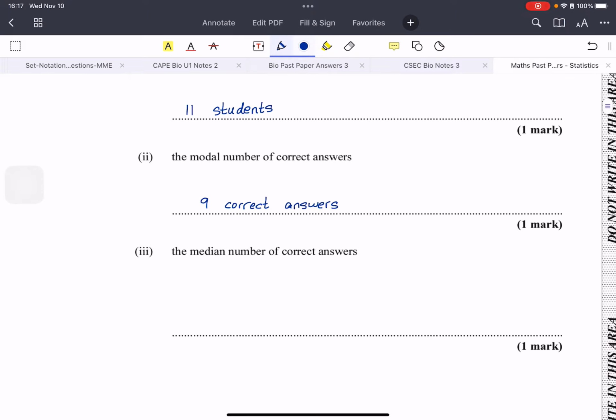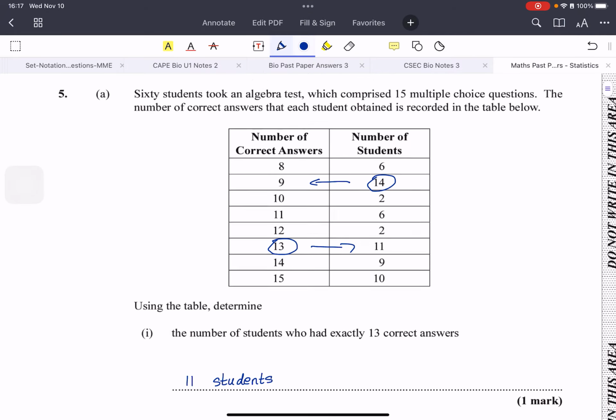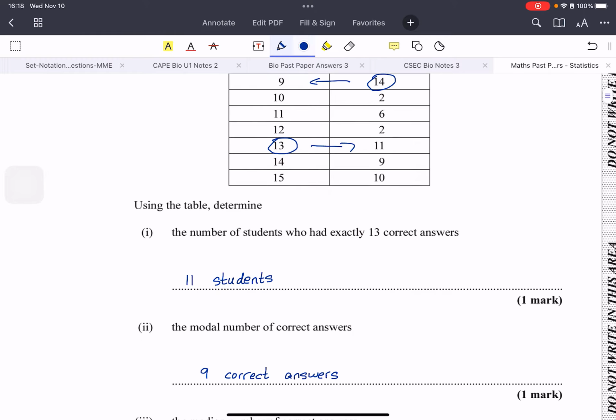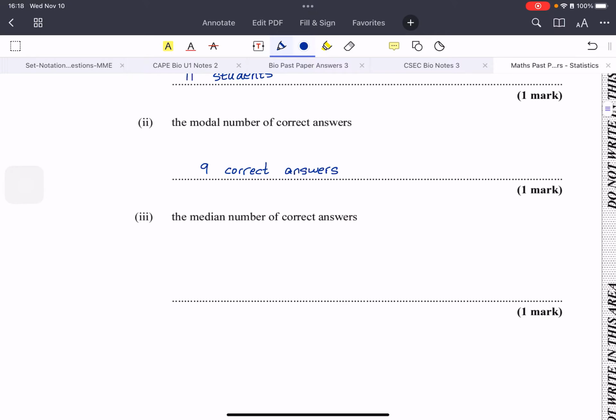Now they want to know the median number of correct answers, and this is the one that gives students the most amount of problems. Okay, so first of all, to find the median, we know we have 60 students. We need to find where the half of that 60 is, and which student that would be. However, if we were to write out 1 to 60 in a straight line, you could not find a simple person in the middle.